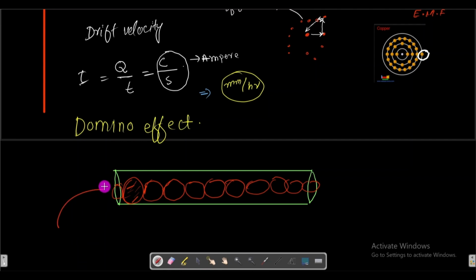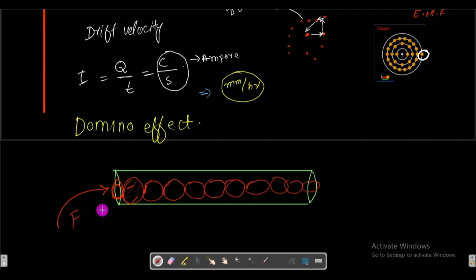If I exert force on only the first sphere, this force will transfer to the next sphere, and then that sphere will transfer the same force to the next one, and in this way the applied force will quickly transfer along the spheres. This sphere will give energy to the next, which again gives energy to the next. The spheres will not move from one end of the conductor to the other, but the energy will flow.